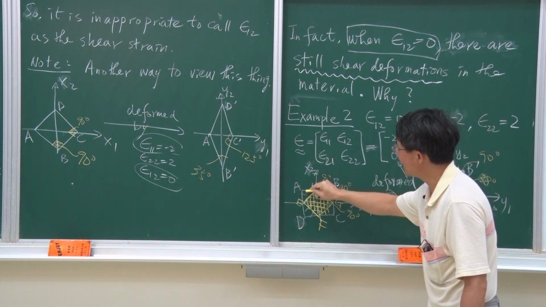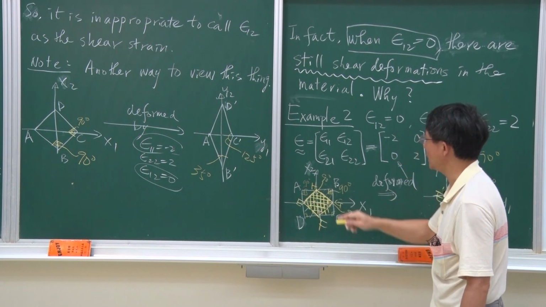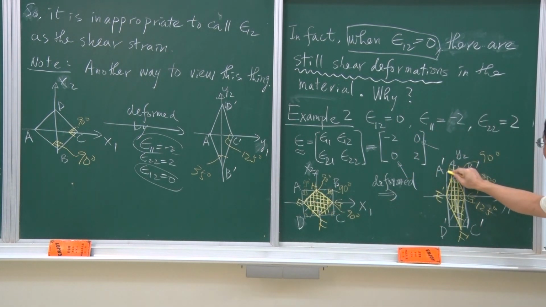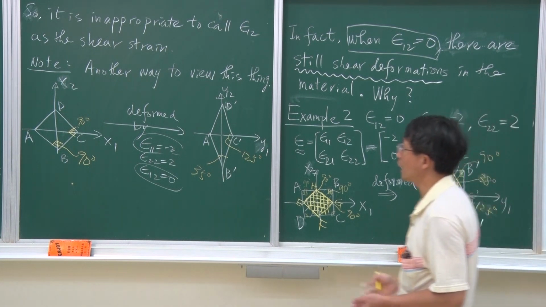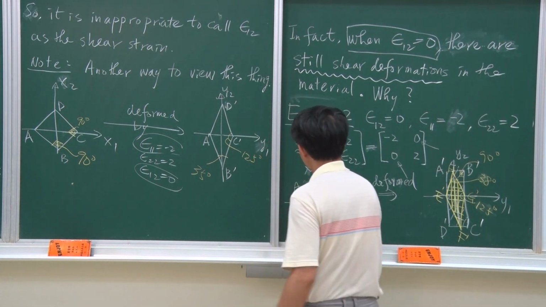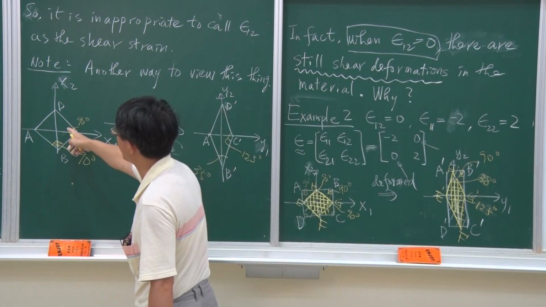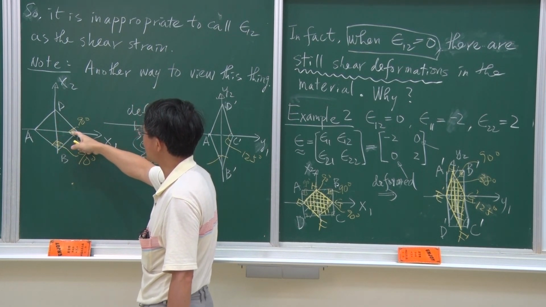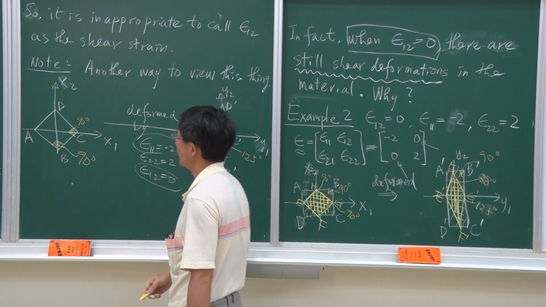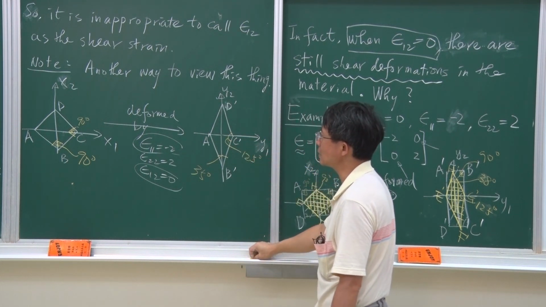You see, we have a 90 degree angle here, so we still have 90 degrees. There's no shear deformation. Then you are completely wrong, because this is one material point. If you draw another material point, you'll find out that there's shear deformation because the angle between two material lines had been changed in this way.